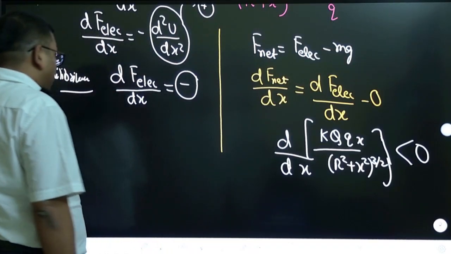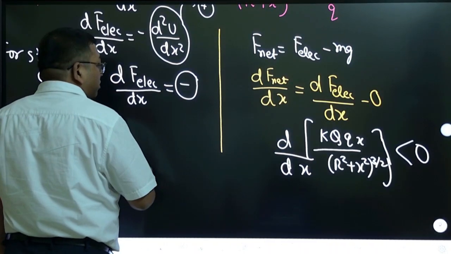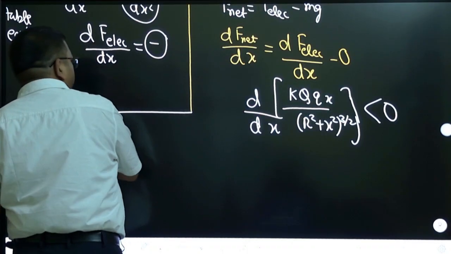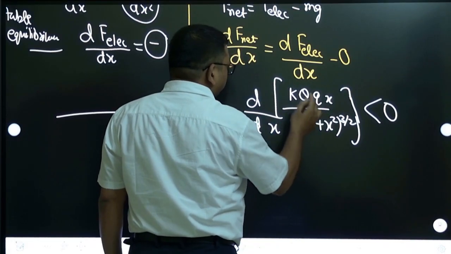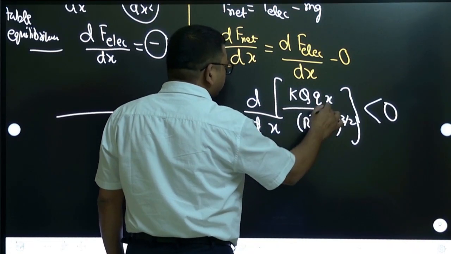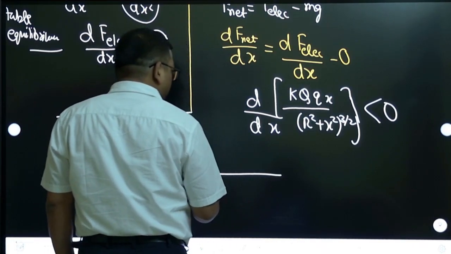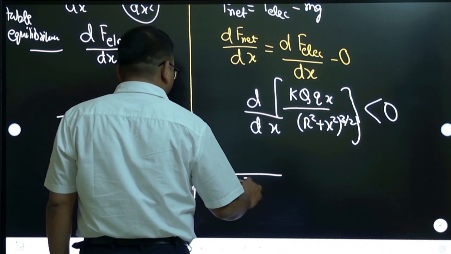So can we do that differentiation and find out what will be that condition? Try this. Kq is constant, so that means x by this, u by v differentiation: square of the denominator, so (r square plus x square) power 3 by 2.